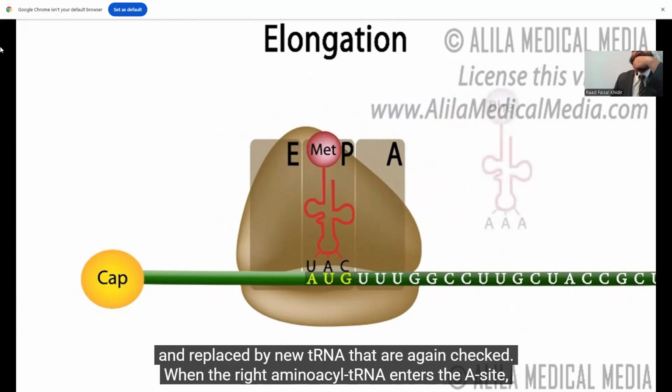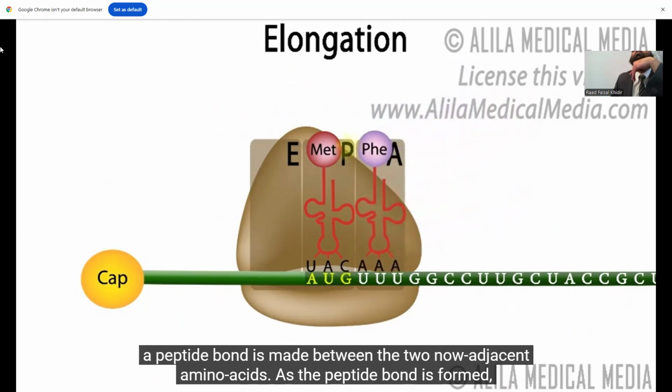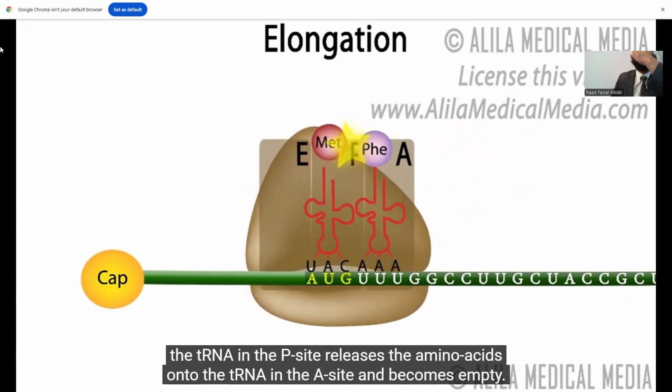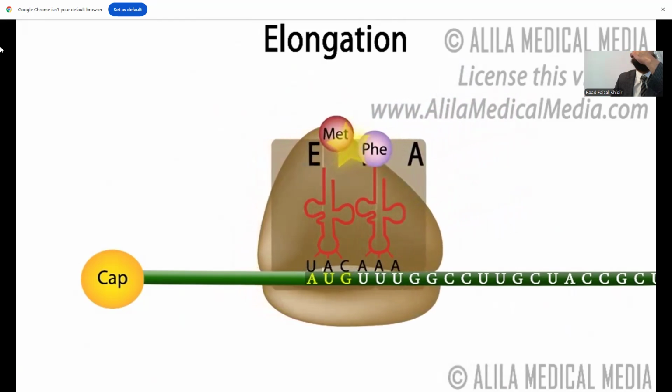When the right aminoacyl tRNA enters the A site, a peptide bond is made between the 2 now adjacent amino acids. As the peptide bond is formed, the tRNA in the P site releases the amino acids onto the tRNA in the A site and becomes empty.